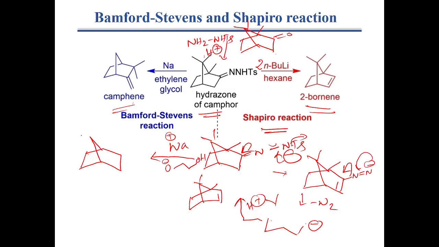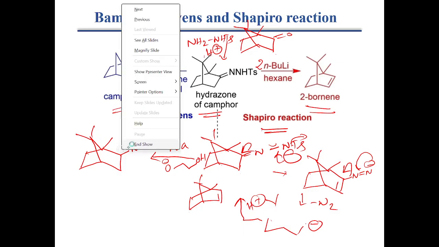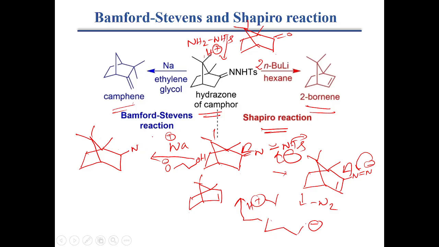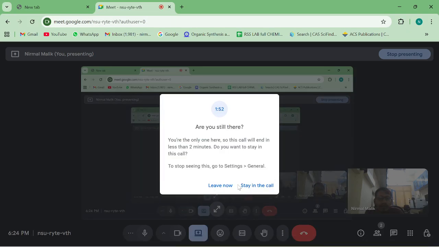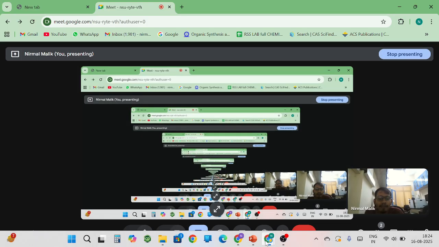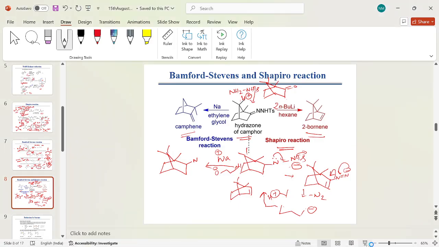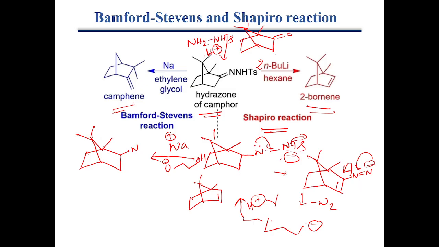As nitrogen has a lone pair, this negative charge will go and the lone pair of nitrogen puts the electron cloud here and the tosyl group will be removed, which forms this one.